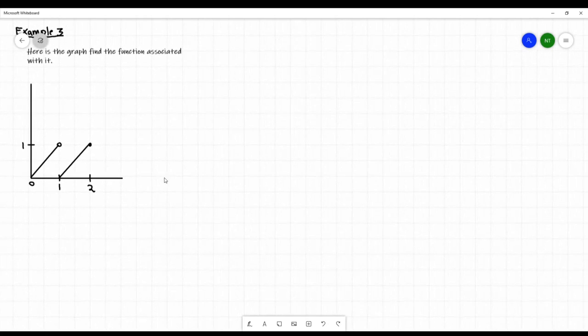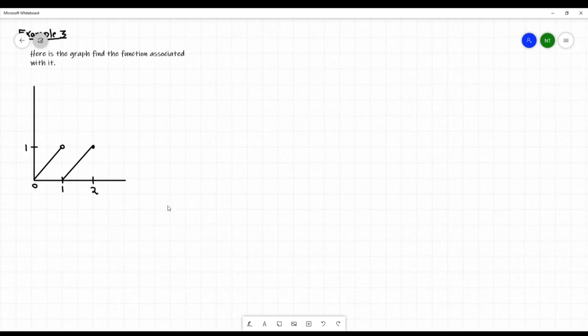Sometimes we're going to be given a graph and asked to find the corresponding piecewise function. We can see that this is probably going to be a piecewise function because there are two lines and they're not really connecting. So they're probably going to be described by two functions.